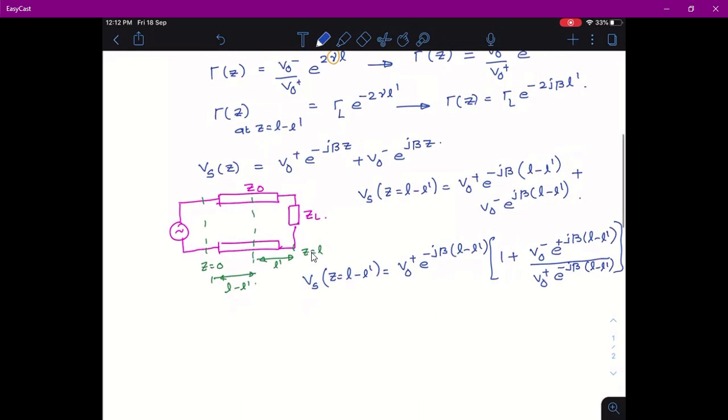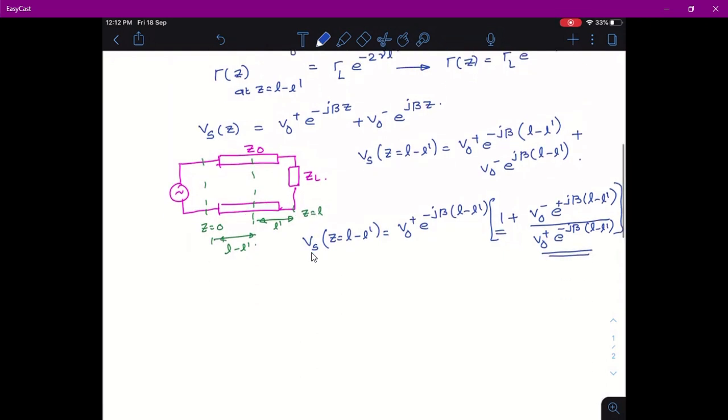Okay. Because I just took V0 plus e raised to minus j beta L minus L dash common out. So, there will be 1 here and it will come in denominator here. Fine. So, I can write Vs of Z equal to L minus L dash is equal to V0 plus e raised to minus j beta into L minus L dash multiplied by 1 plus.